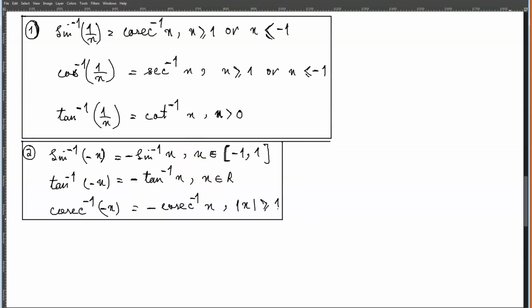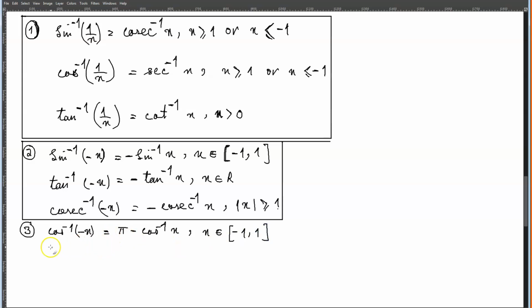Now the third set of results were basically number 3. We said that cos inverse of negative x is equal to pi minus cos inverse of x for x belonging to the interval negative 1, 1.